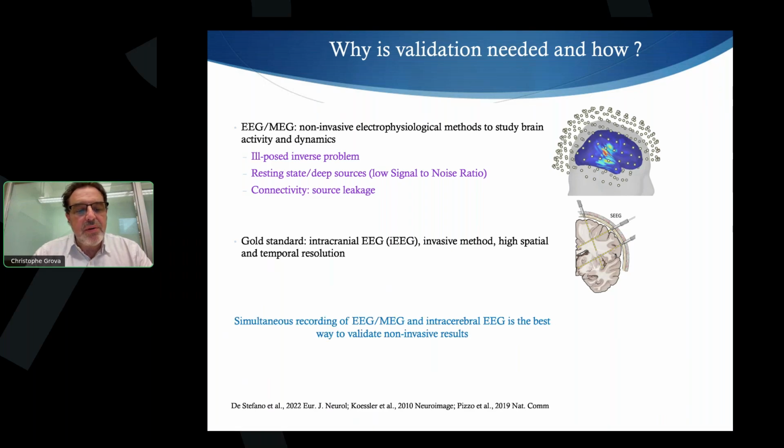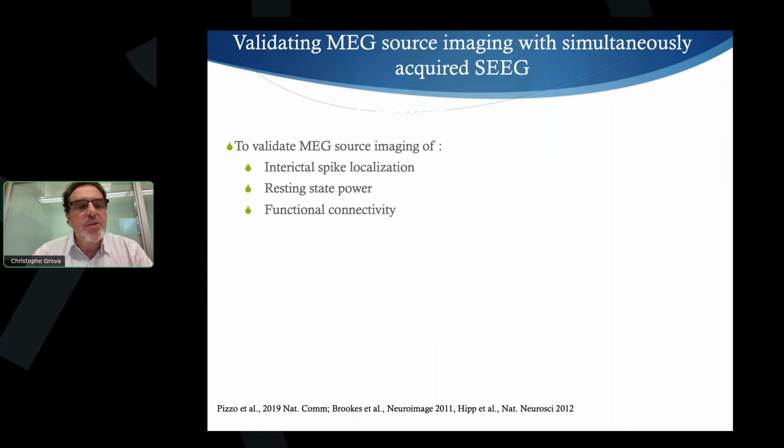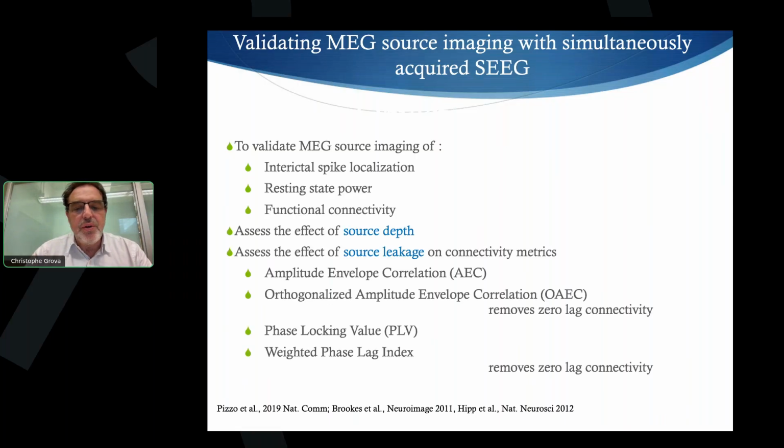So we are lucky that several teams, including our colleagues, have started to consider simultaneous recording of MEG and intracranial EEG data. And here we want to validate spike localization, resting state oscillatory power, and also functional connectivity using the same metrics I was showing you.